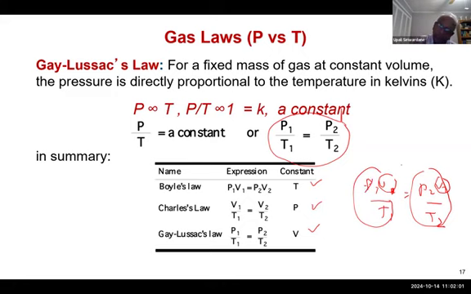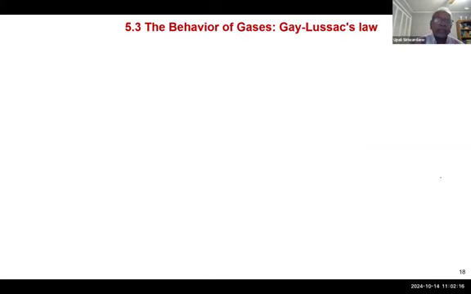If the pressure is held constant, it becomes Charles' law. If T is held constant, it becomes Boyle's law. Therefore, all these 3 gas laws are included in the combined gas law.